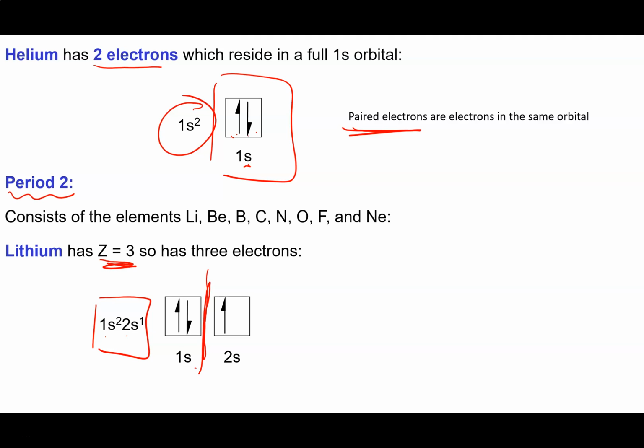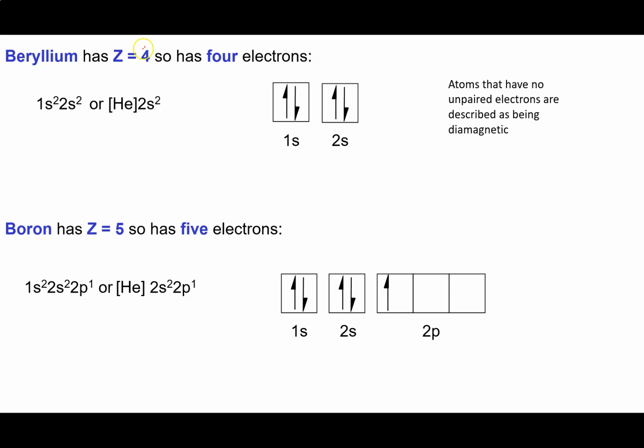Okay, so on to beryllium. Beryllium has got 4 electrons, so we can write the electron configuration a couple of ways. We can write 1s2, 2s2, or we can do the condensed electron configuration and write helium 2s2 if we wanted to. So here's our 1s2 core electrons and then 2s2 outer electrons.